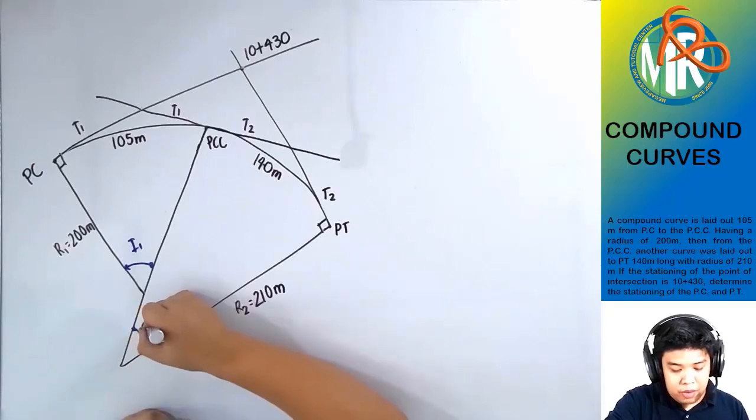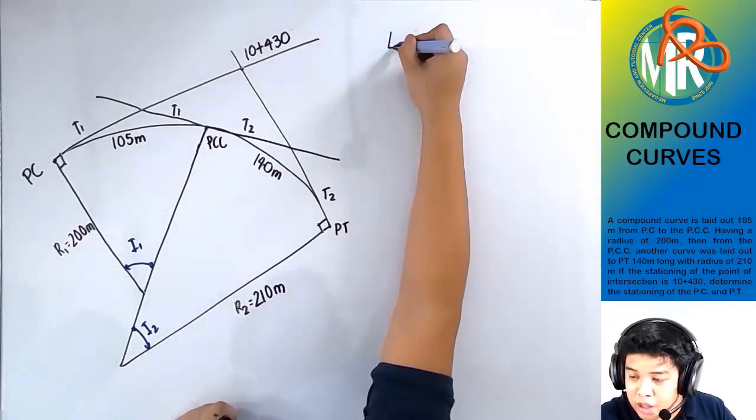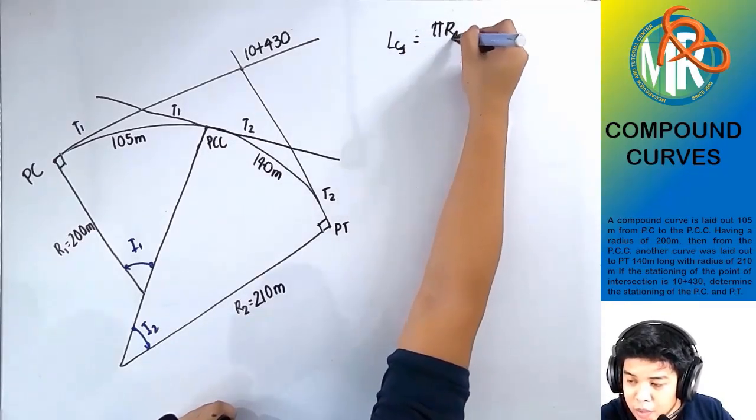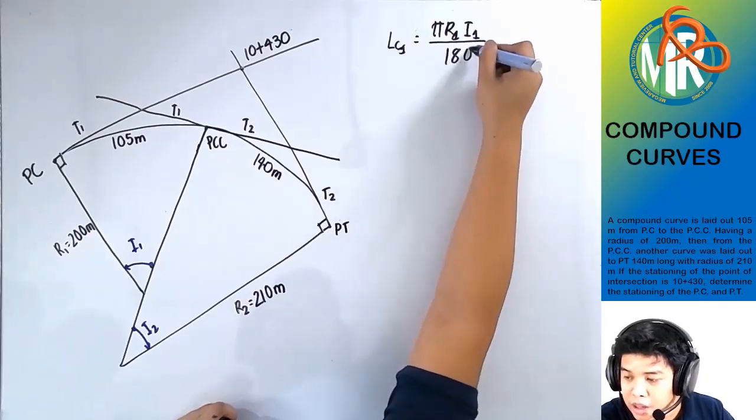We know that in a simple curve, the length of curve 1 is pi times R1 times I1 over 180.